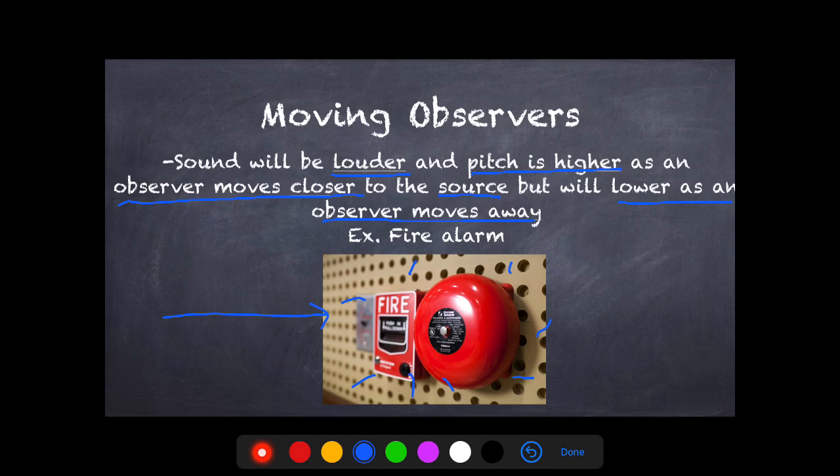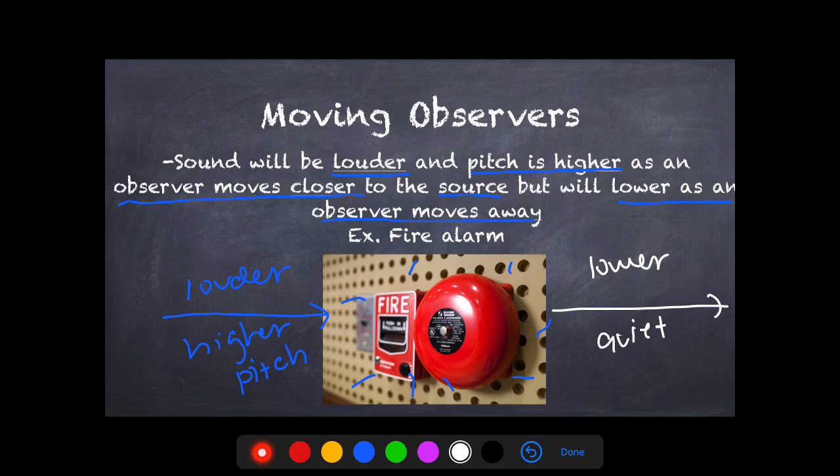So if you have a fire alarm that's going off like crazy, if you're coming towards the fire alarm, you are going to hear it louder and you're going to hear a higher pitch because you as the observer are moving. If you are moving away from the fire alarm, it's going to sound lower and it's going to obviously get quieter as you move away.